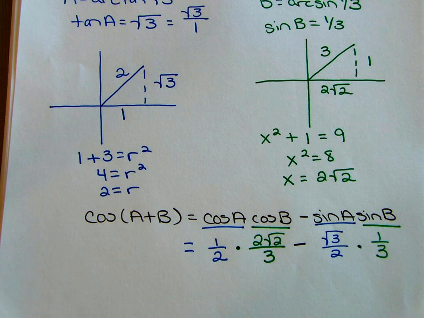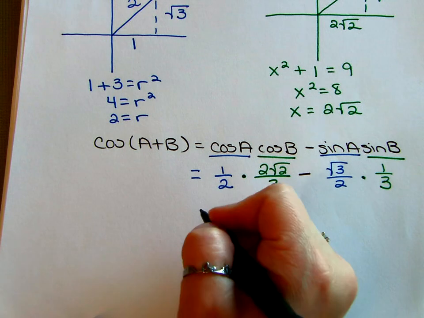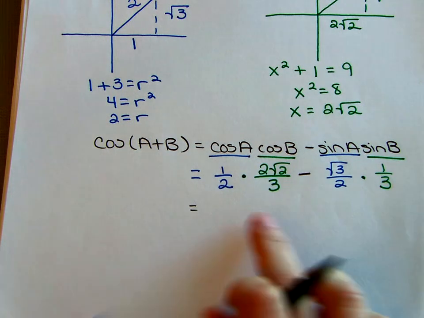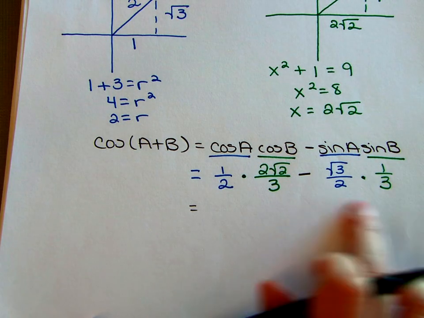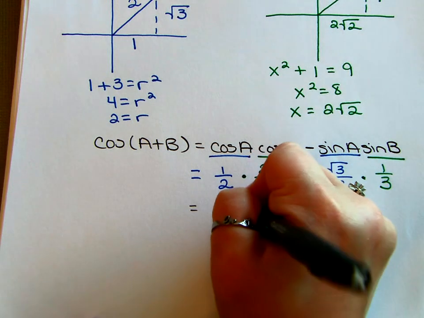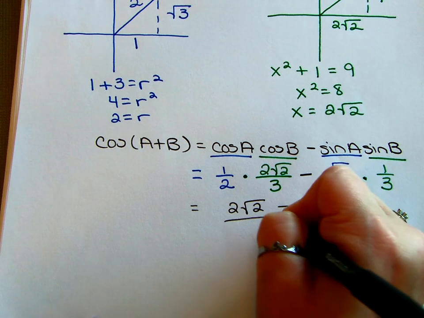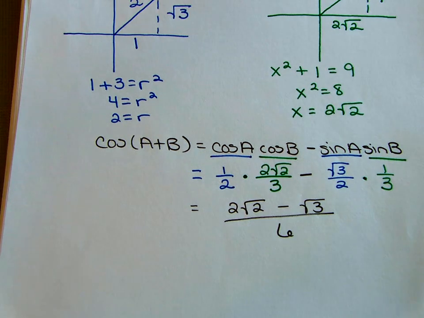And now I'm going to do algebra, and I'm going to combine all that. Notice that I'm going to have a denominator of 6 for both of these fractions. So I'm going to have 2 radical 2 minus radical 3 all over 6. Now, could you leave it separated? I don't see why not.